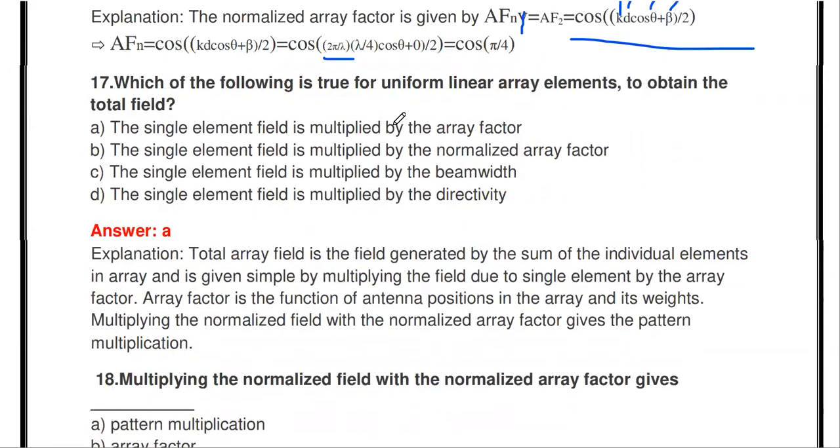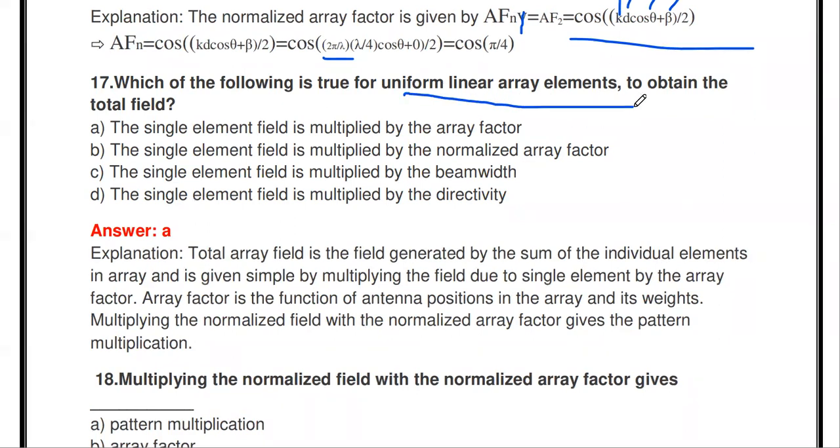The next one: which of the following is true for a uniform linear array to obtain the total field? The single element field multiplied by array factor; the single element field multiplied by normalized array factor; the single element field multiplied by bandwidth; the single element field multiplied by directivity.